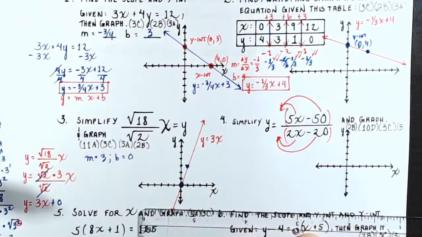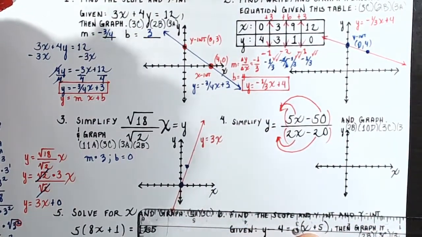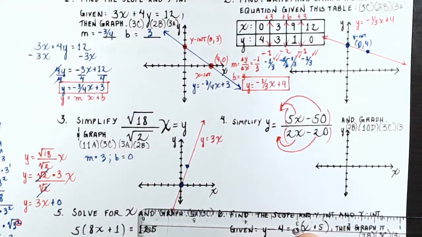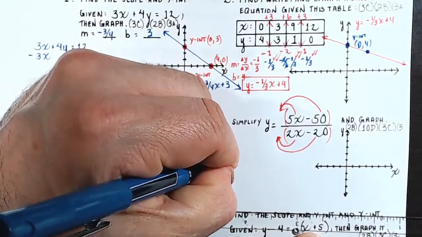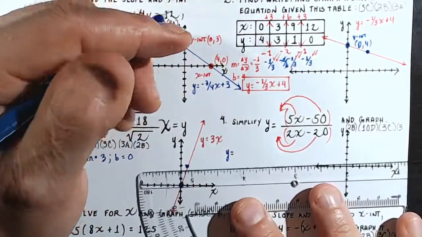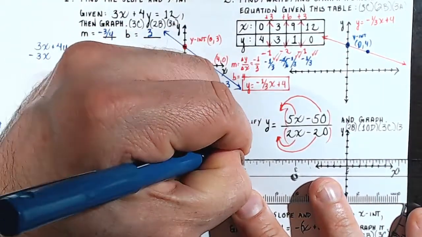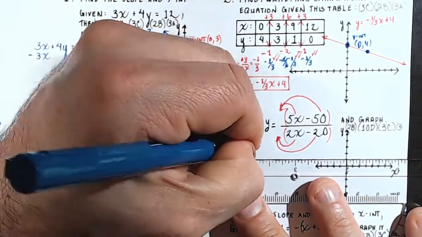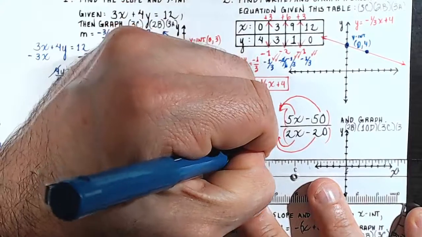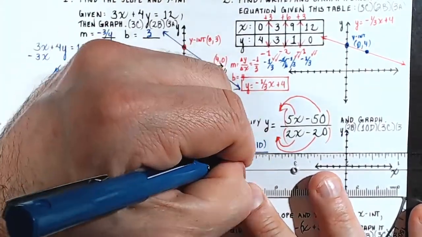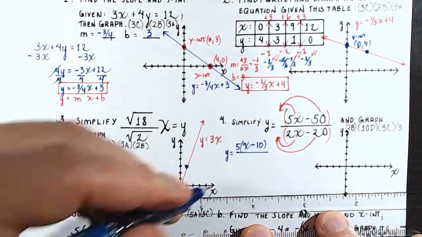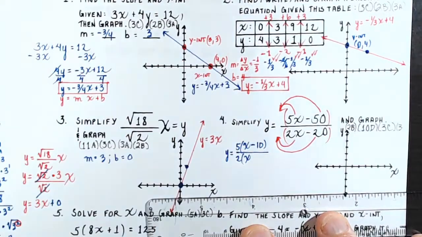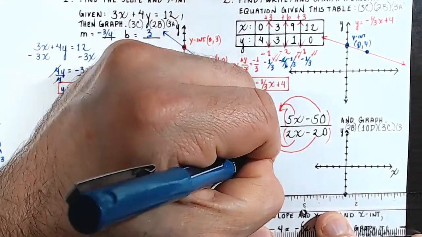So what's the biggest number I can pull out of both terms on the top? Well, that would be 5, right? I could divide out a 5 from both terms. And so let me rewrite this. y equals, and then the factored form would be 5 open parentheses, 5x divided by 5 is x, minus 50 divided by 5 is 10, over, now I can pull out a 2 from the bottom here, 2 open parentheses, 2x divided by 2 is x, minus 20 divided by 2 is 10.